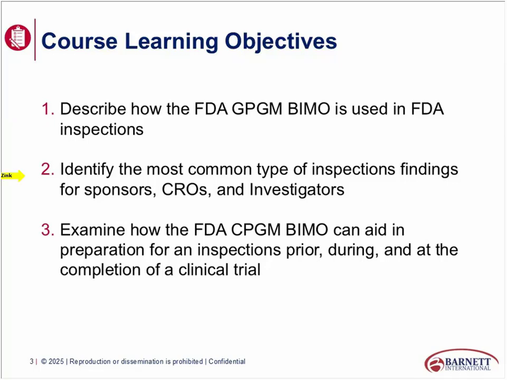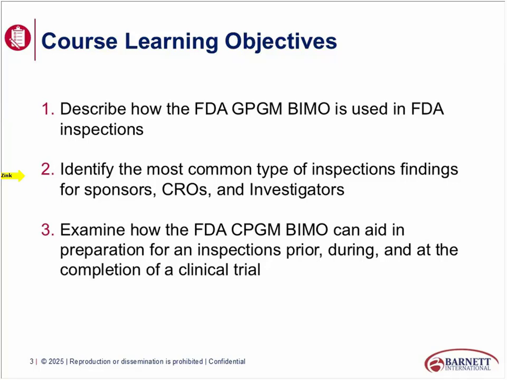We're also going to look at the most common types of inspection findings for sponsors, CROs, and investigators. So this covers all of the pieces that are relevant to the work that we do in clinical operations.